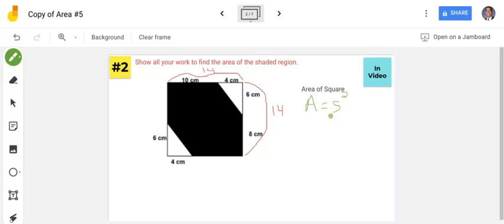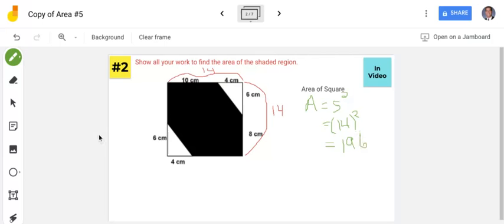The side of this square is 14, so I'm going to square 14. 14 squared does not mean 14 times 2. It means 14 times 14, which is 196. So the area of the square is 196 square centimeters.